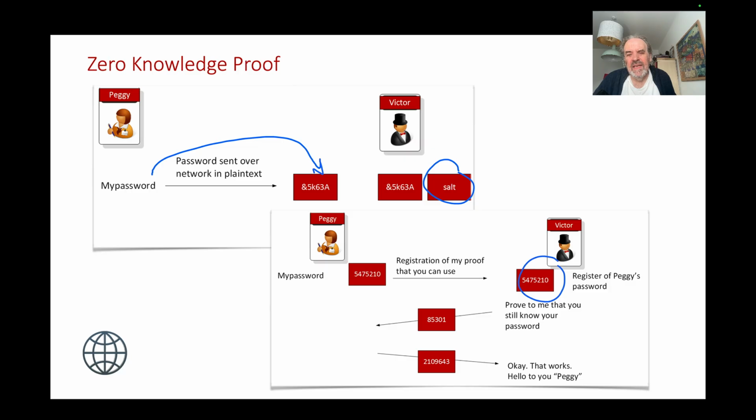A better way is for Peggy to register something about her secret, and then for Victor to challenge her with a puzzle that only she can solve because she knows her secret value.